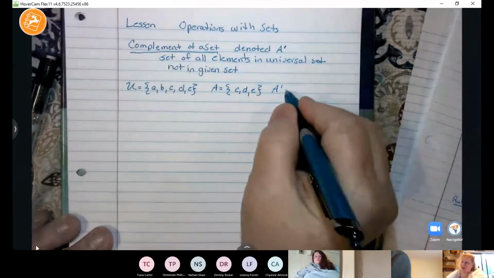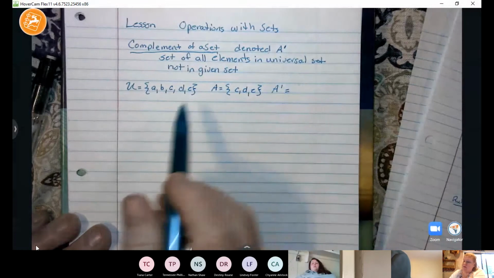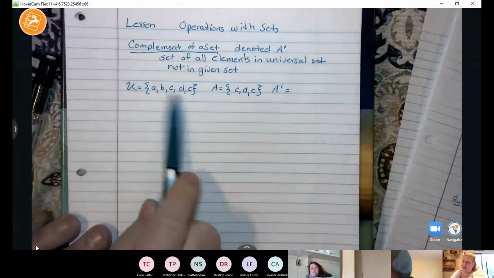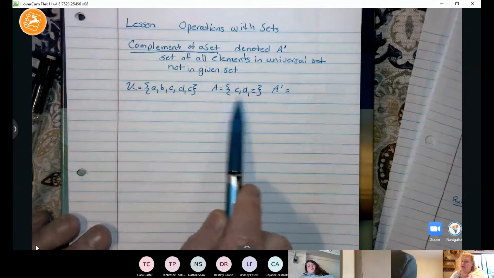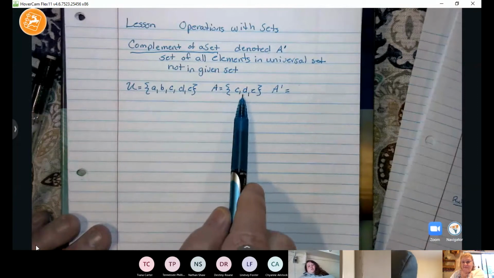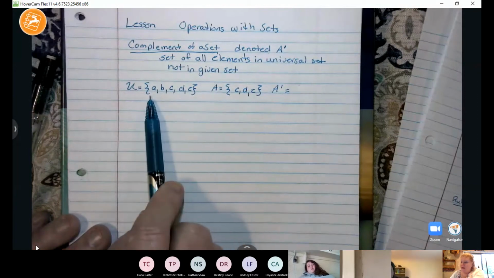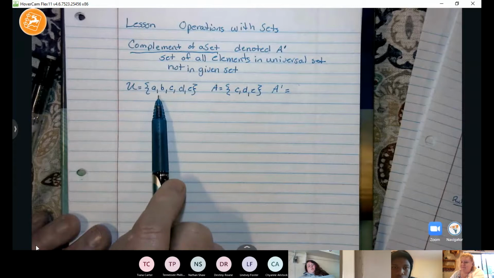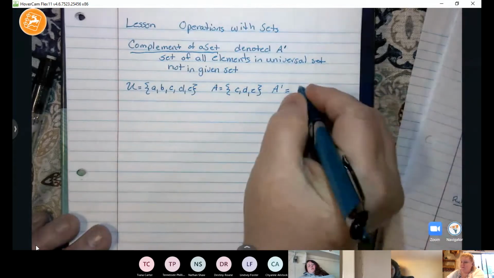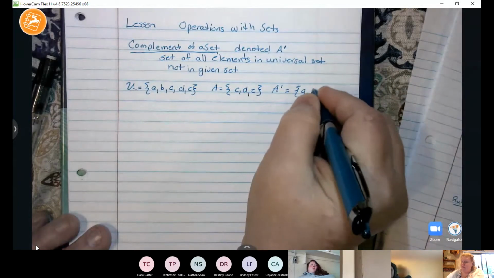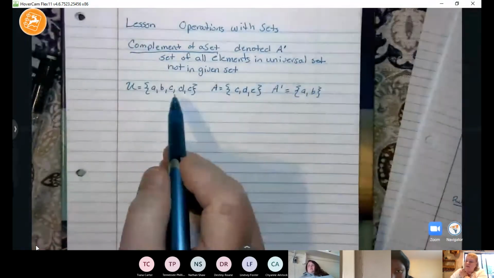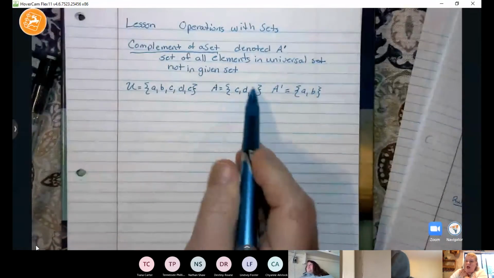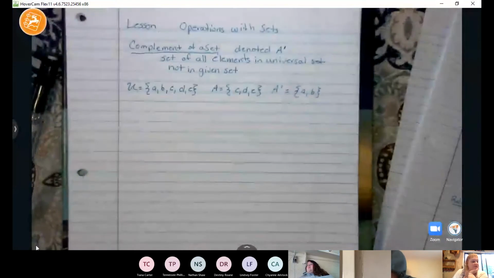So in order to find the complement, we go back to the universal set. What elements are in this set that are not in this set? So that would be the A and the B. So the complement would be all the elements that were in the universal set that were not in that particular set.